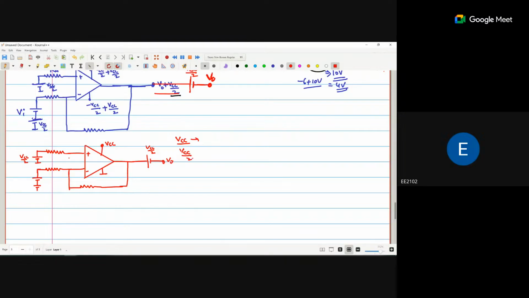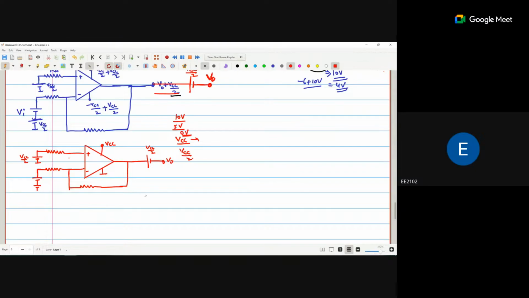So if VCC is 10 volts, you require two batteries: one 10 volt battery and one 5 volt battery. Again, the problem is the same. Now the levels are 10 volt, 5 volt, and ground 0 volt. So again three levels. So what should I do?